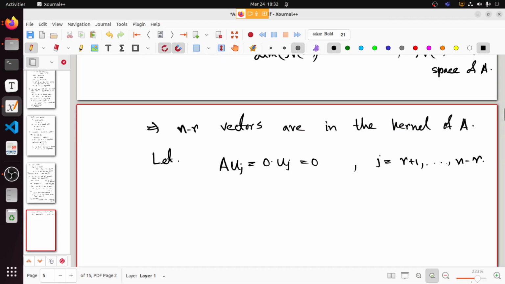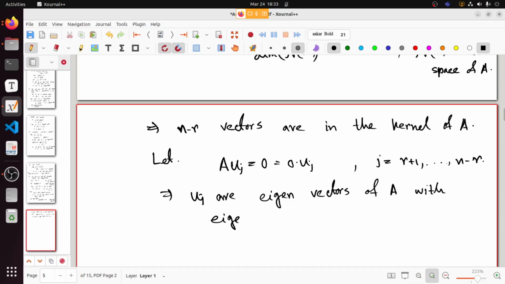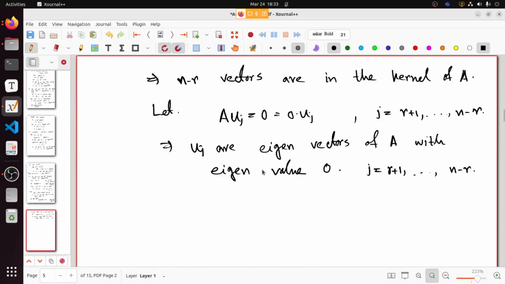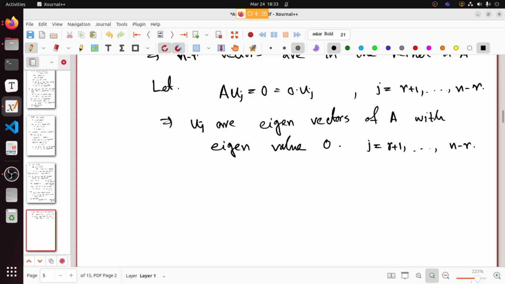This is 0 times uj, which implies the uj are eigenvectors of A with eigenvalue 0 for j equals r plus 1 to n. So we got n eigenvectors.